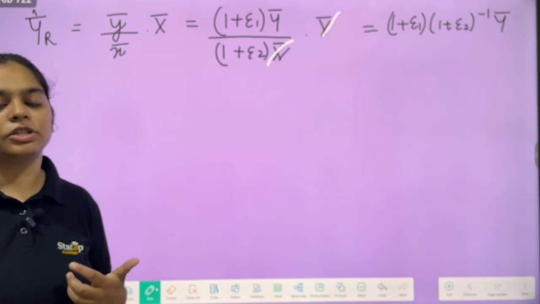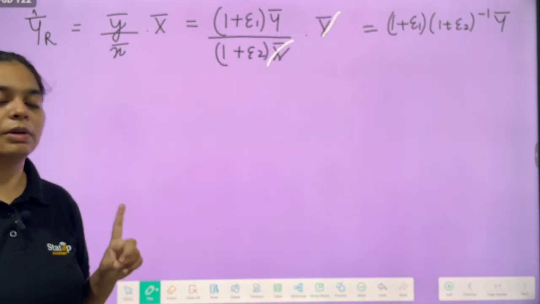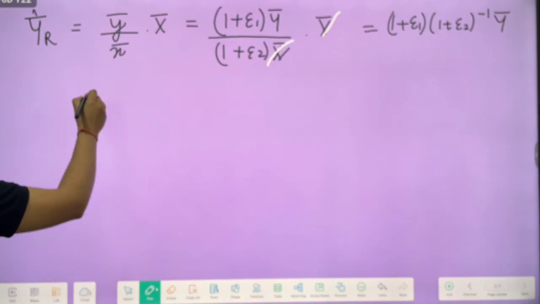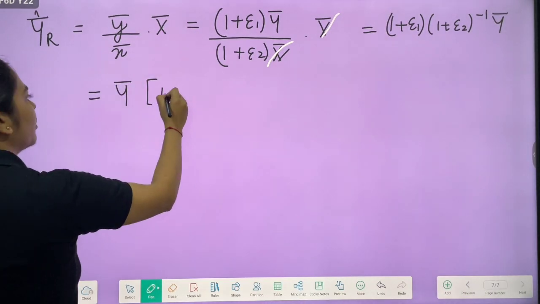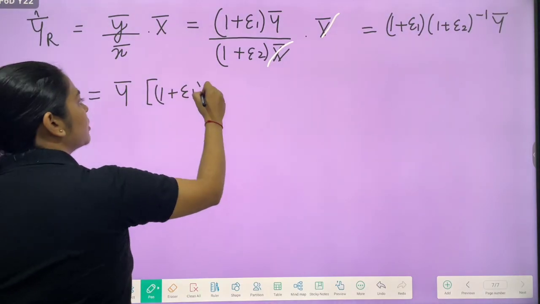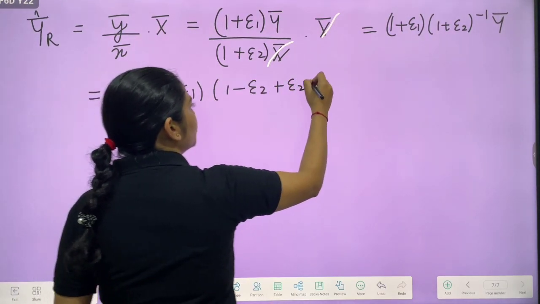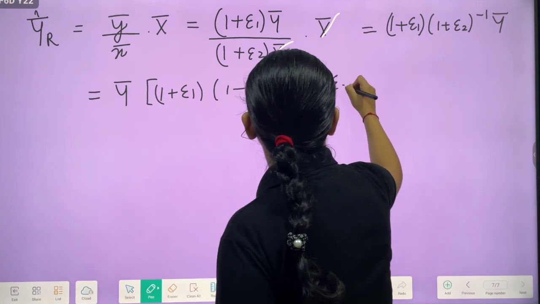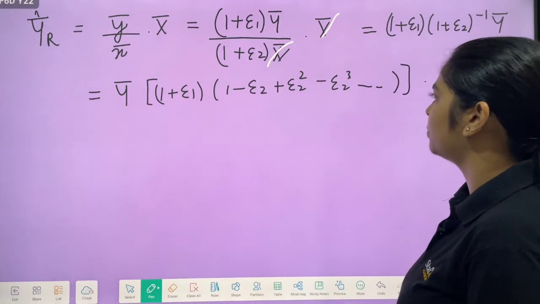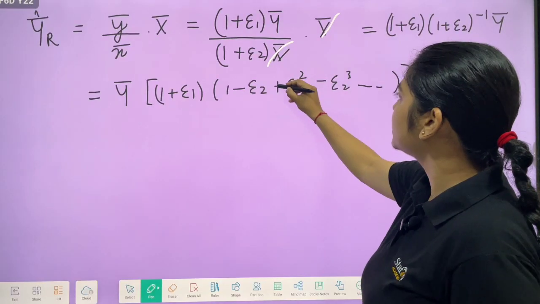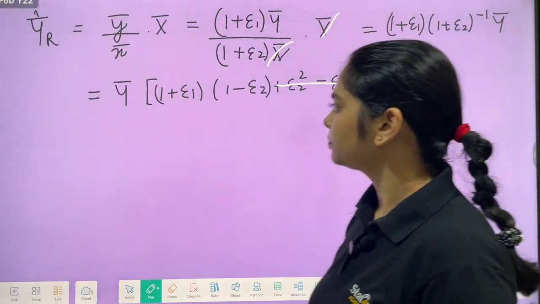First approximation means that the power of the terms should be 1. So opening the bracket, we will get Y bar into 1 plus epsilon 1 into 1 minus epsilon 2 plus epsilon 2 square minus epsilon 2 cube and so on. But since it is first approximation, all these higher terms are irrelevant and we will only take till here.